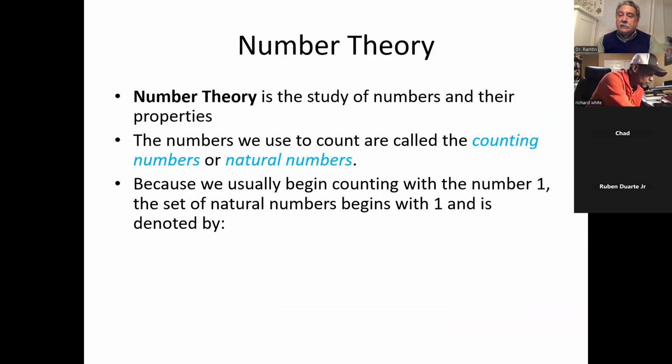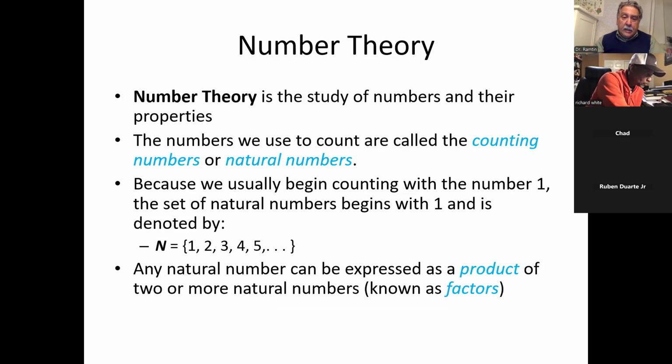Because we usually begin counting by number 1, the set of natural numbers begins with 1, and this is how we denote it: N equals {1, 2, 3, 4, 5}. Oh, one more thing. When you write a set, between the elements of the set, just put a comma. Don't put the word and. Just put the comma.